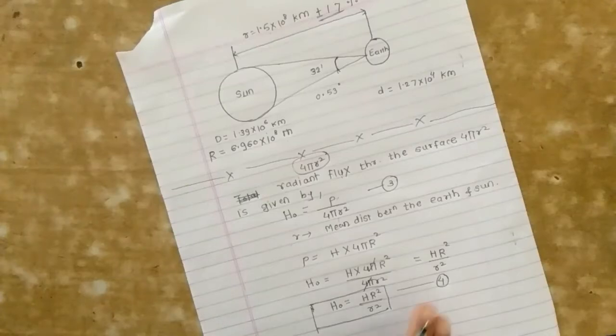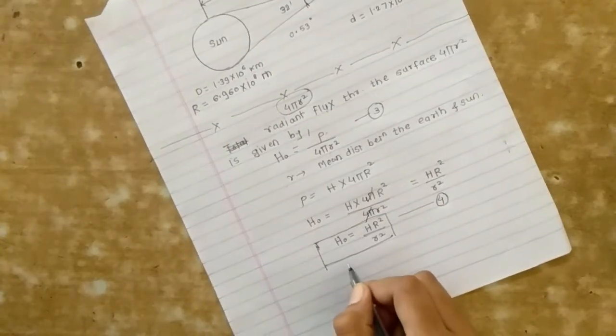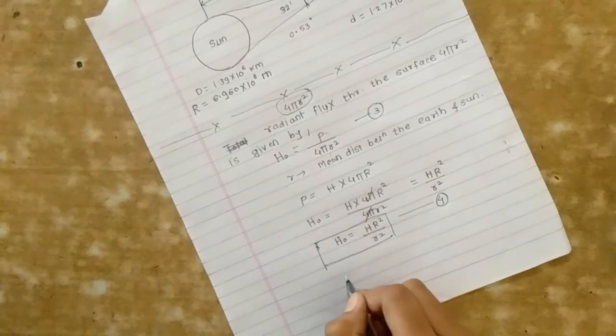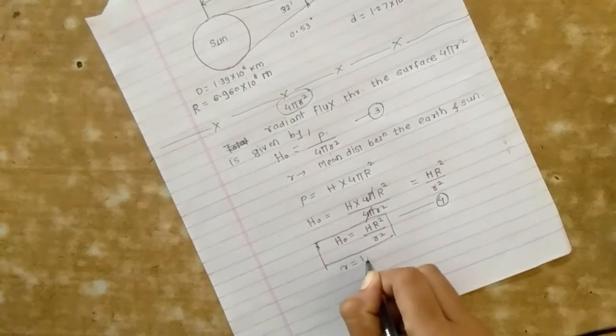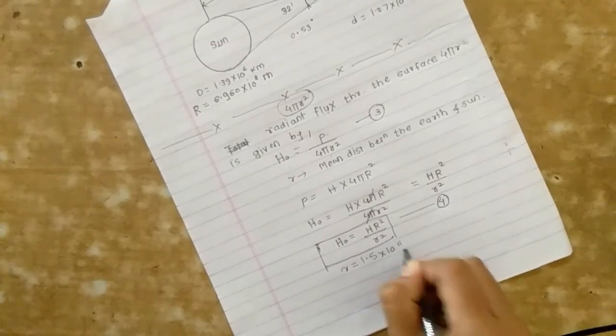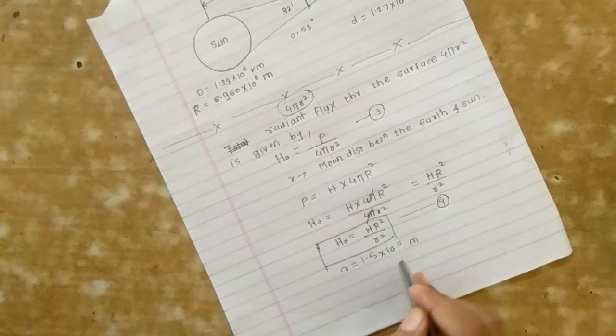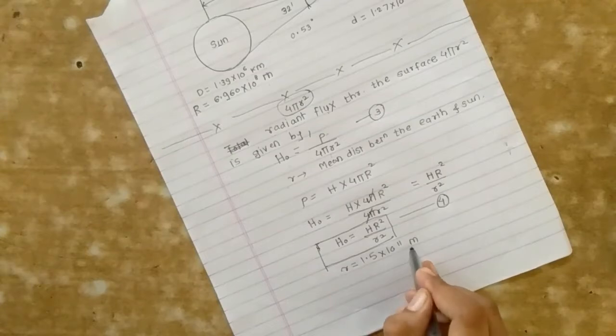Now in our last video we saw the mean distance between the sun and earth, r is equal to 1.5 into 10 to the power 11 meter, not kilometer. If we consider kilometer, then it would be 10 to the power 8, but in meter it is 1.5 into 10 to the power 11.